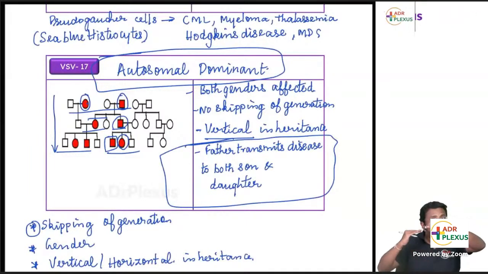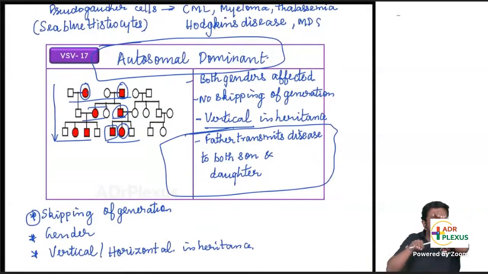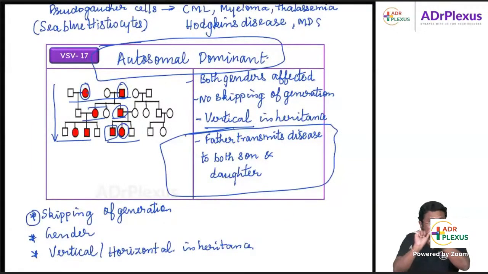What is meant by horizontal pattern, which is seen in autosomal recessive? Horizontal pattern means a person is having a recessive gene. Recessive gene means with one copy he can't express the disease. So there is some skipping of generation.